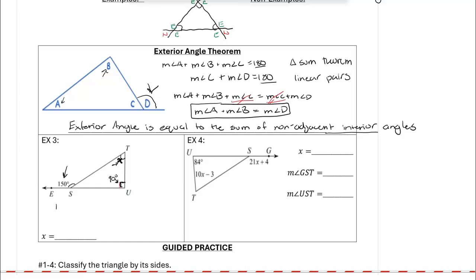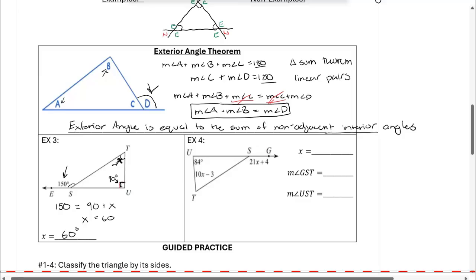So we have 150 degrees is equal to the two non-adjacent angles, which is 90 plus x. Subtract the 90 over, we get x is equal to 60. X is equal to 60 degrees. So now let's move on to example number 4.